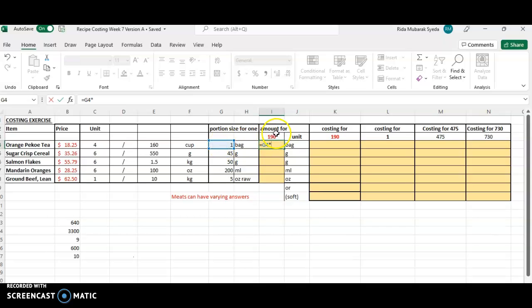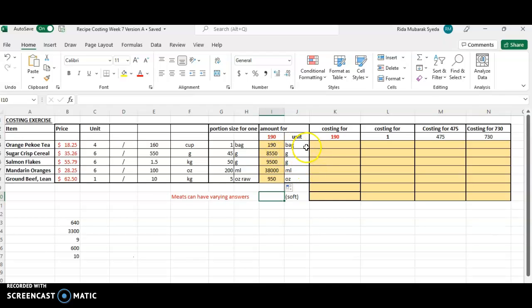Because I know that the number of people is going to stay the same for all my other ingredients, I'll use absolute cell referencing. That's the F4 key, and press enter, and then when I drag it down, it will stick to that same value and multiply it for all other ingredients and give me the right value.